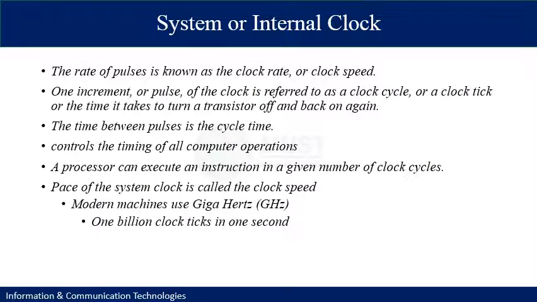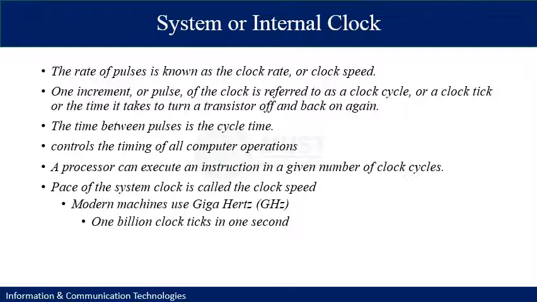So the system or the internal clock is the management of CPU instruction processing. The rate of pulses is known as the clock rate or the clock speed at which your clock is changing or moving. At any time your clock increments by one tick or one pulse of the clock. That is referred to as a clock cycle, or the time it takes to turn a transistor off and then back on.